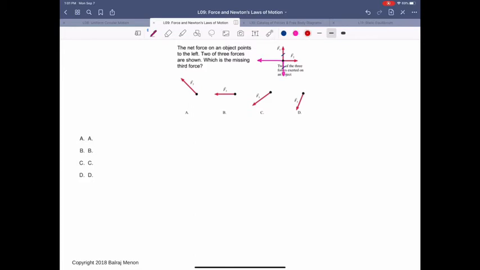Now we can draw the force F3. If these are the horizontal and vertical components of F3, then F3 is going to be a force which points something like this: longer horizontal component and a shorter vertical component. And the answer that best agrees with our sketch is, in fact, C. So F3 is going to be that force.